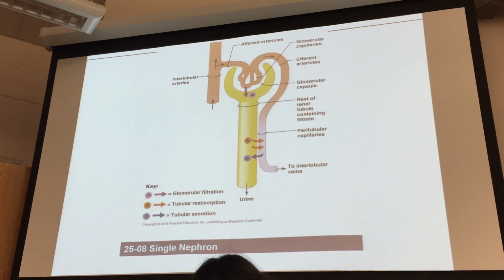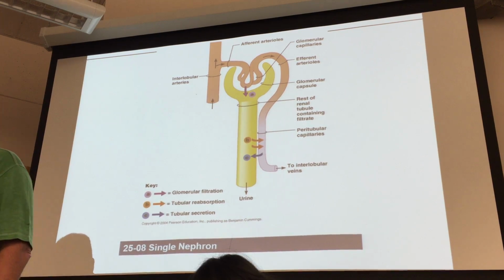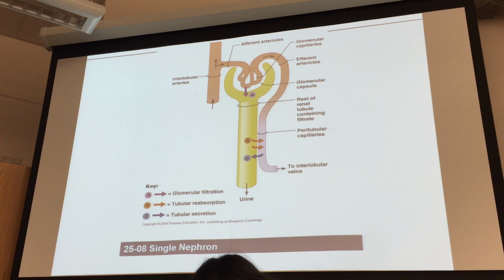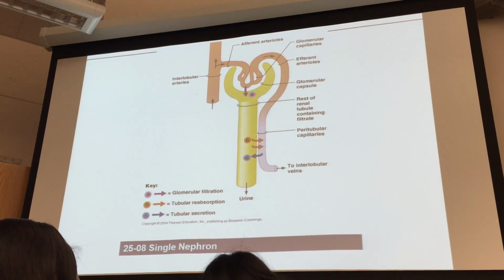We're bringing it back into our bloodstream. I said eventually because we actually are just moving it into the extracellular space around the tubules, and then it passively moves into the capillaries.